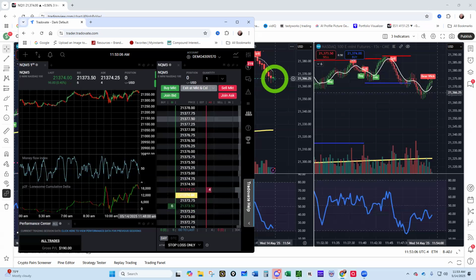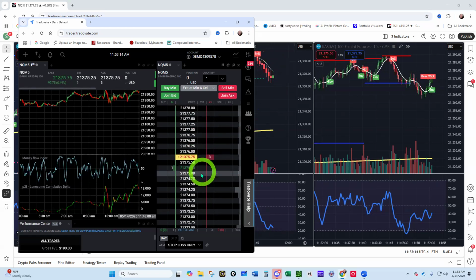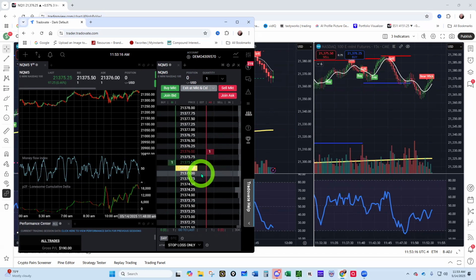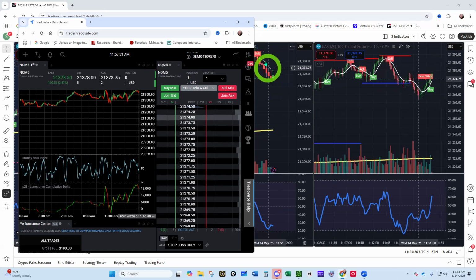So if this closed green, we would get out, or wait until a candle closes above the 9 moving average. So as we go along, we can see which is better. But it does make me uncomfortable when I see a winning trade go losing. But then you hold it. If you hold it, it normally works out.